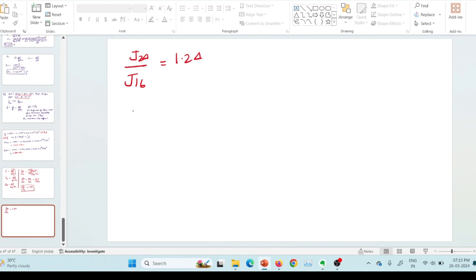So we can say the flux at 24 degrees Celsius is 1.24 times the flux at 16 degrees Celsius.